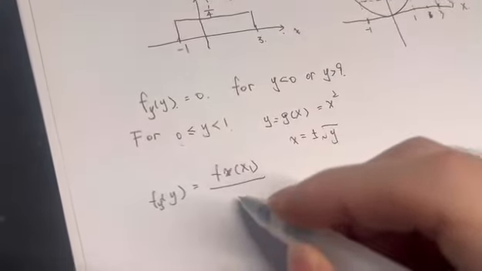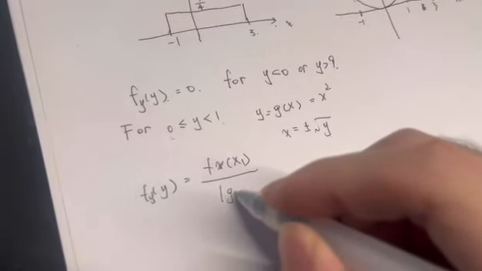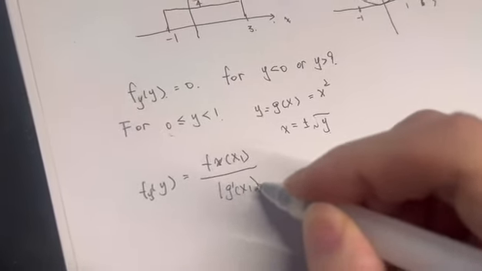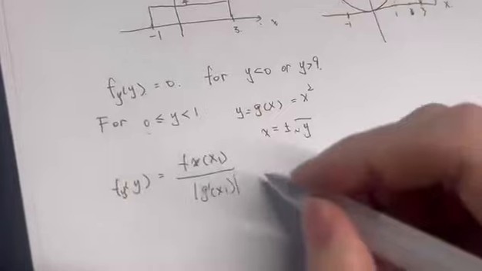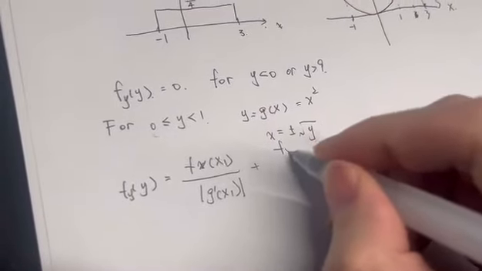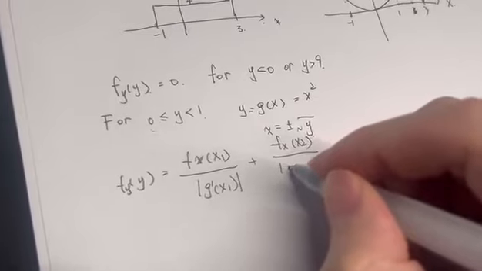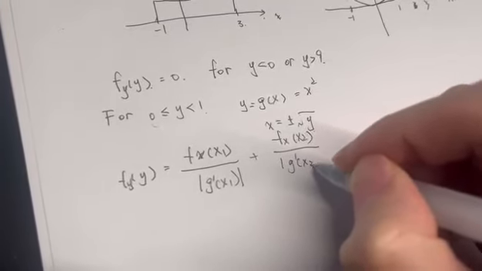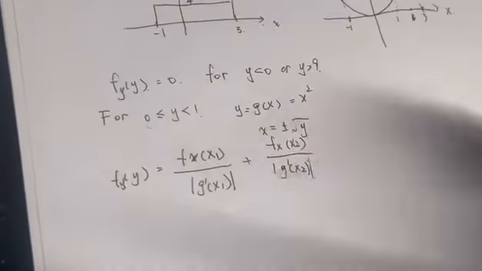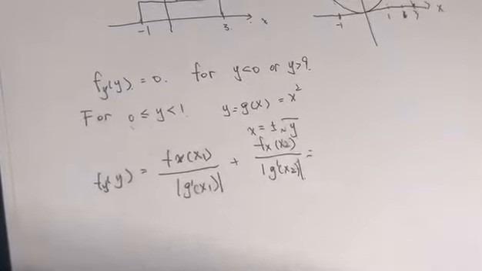It's f_X(x1) divided by |g'(x1)| plus f_X(x2) divided by |g'(x2)|, the derivative of X squared.